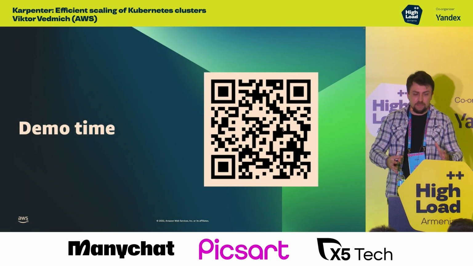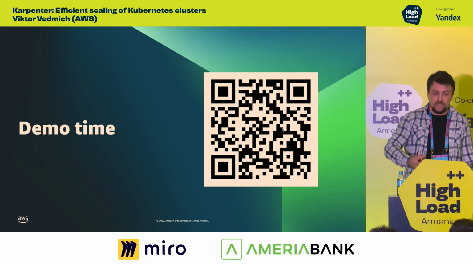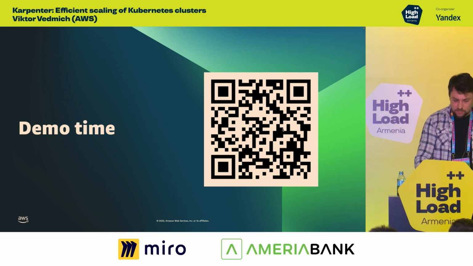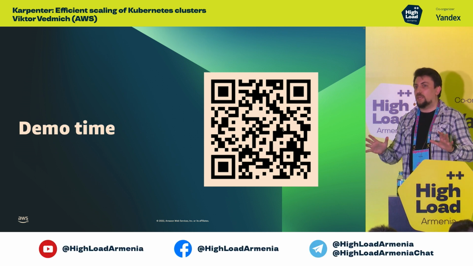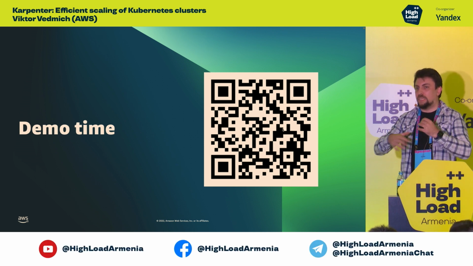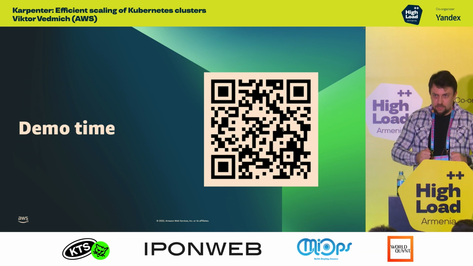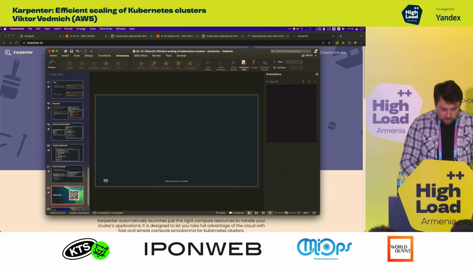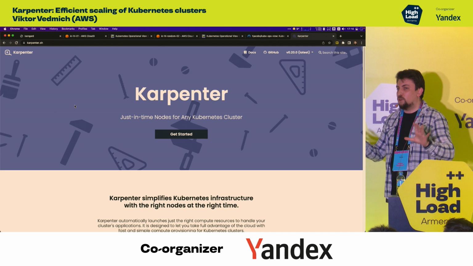So it looks like I'm speaking too long. It's demo time. If you want to continue with me, you can scan this QR code. It's available on GitHub. I'm going to switch to my console and explain the configuration of my demo: what I currently have, what the configuration is, and what we are going to do. I forgot to mention, guys, Karpenter is open source.